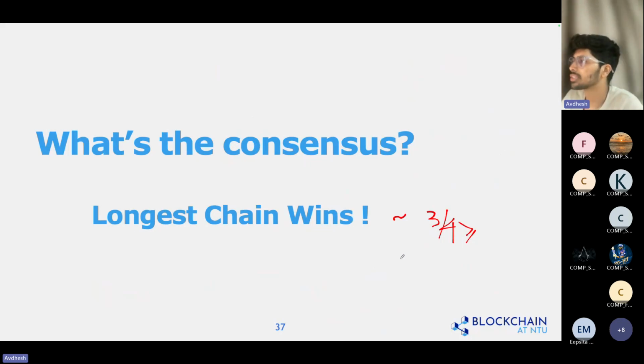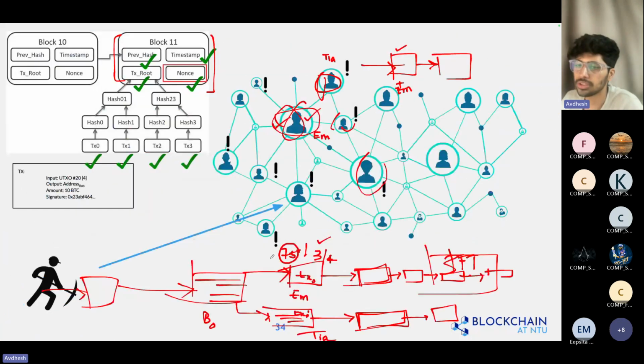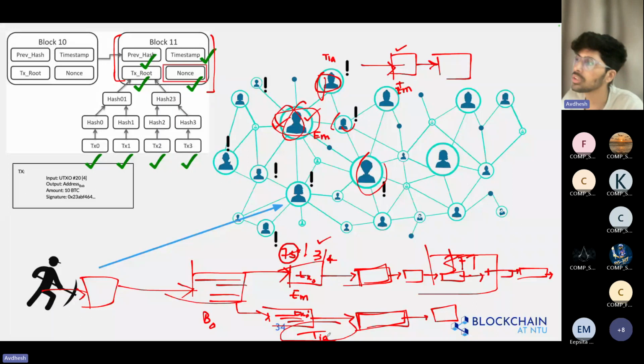So in this regard, if Emmanuel has 75% of consensus, this will be the longest blockchain and Emmanuel will win. So eventually Tia's consensus or the network effect will go down. And since Emmanuel's blockchain is already longest, everyone will try to build on Emmanuel's, and the rest of all. So this will end at some point.